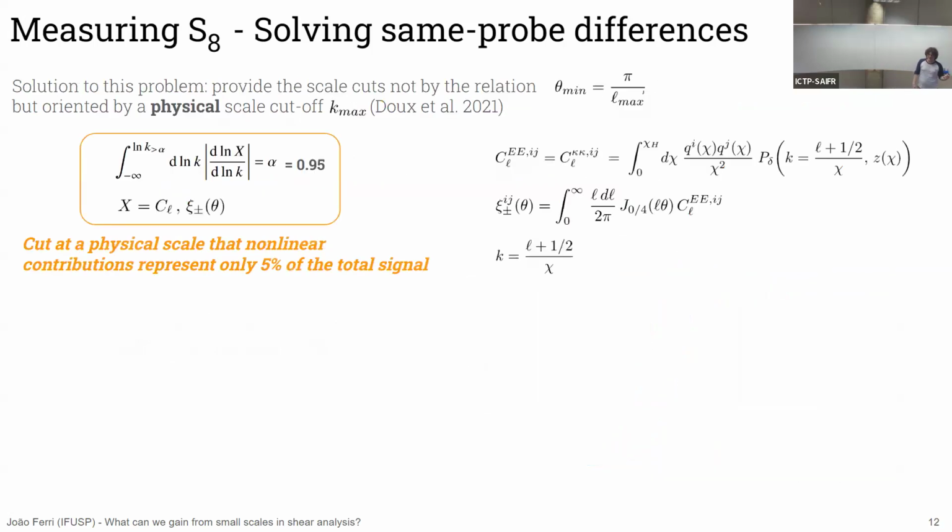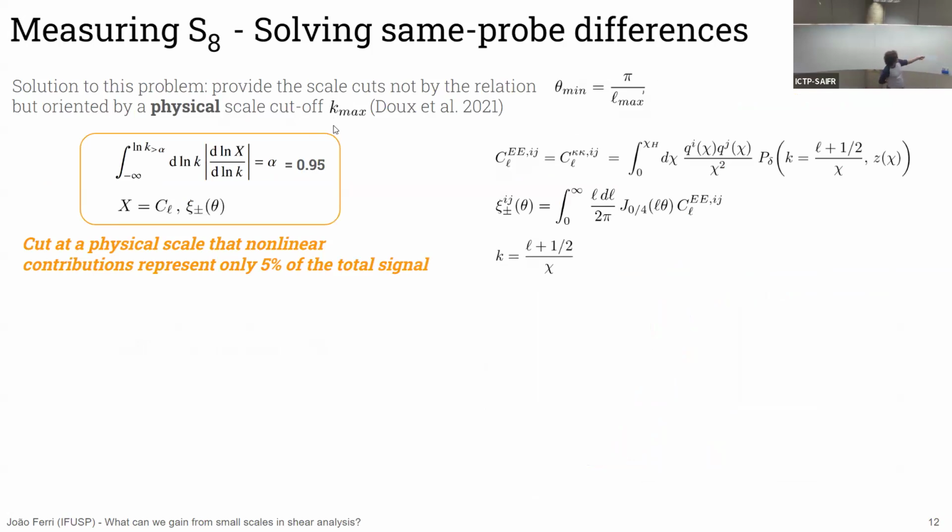So how do we solve this in real life? In real life, what you can do is define this relationship between a maximum multipole and a minimum angle, not by this relation right here, but by a physical cutoff Kmax.